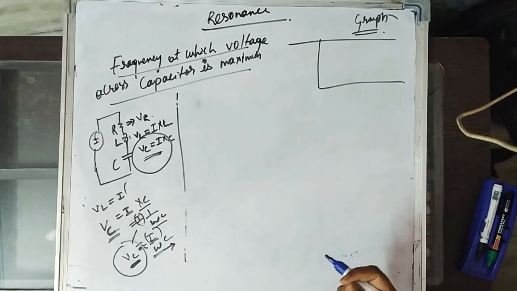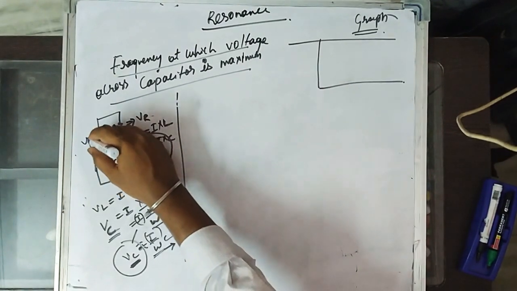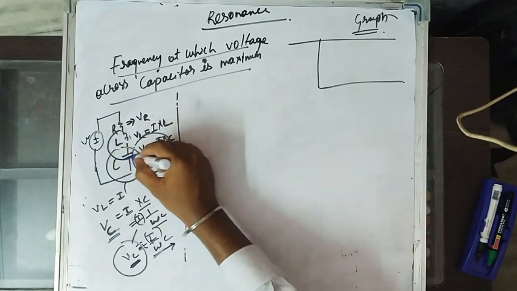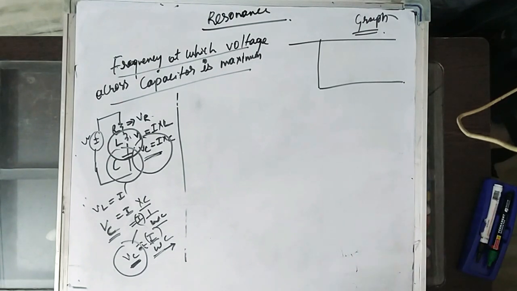You will find the voltage across the capacitor and across the inductor also, but at some one point the voltage across the capacitor will be maximum. So we wish to find at which frequency the voltage across the capacitor is maximum. That derivation we are doing now.